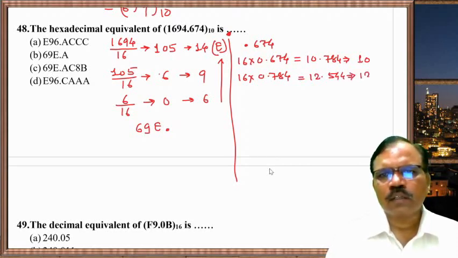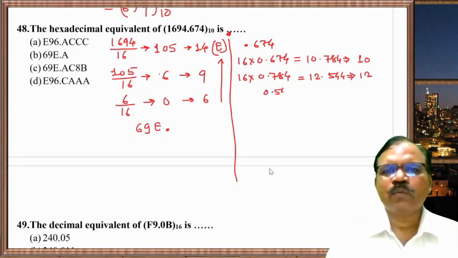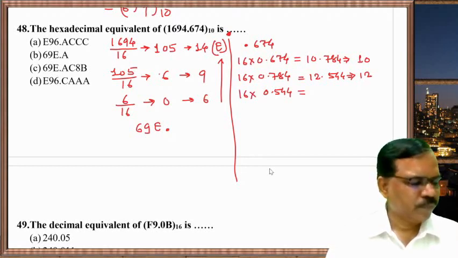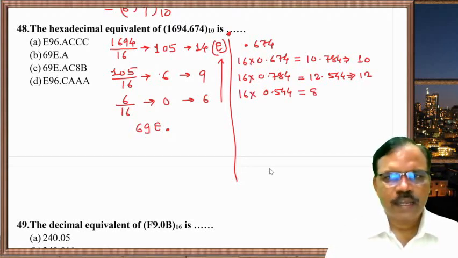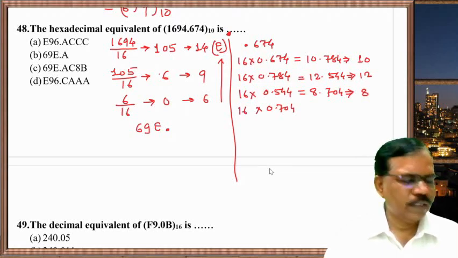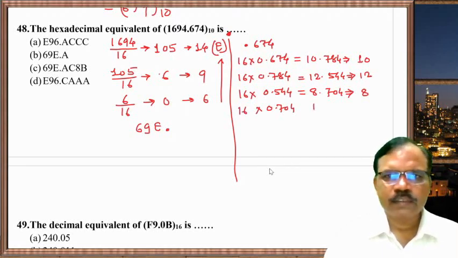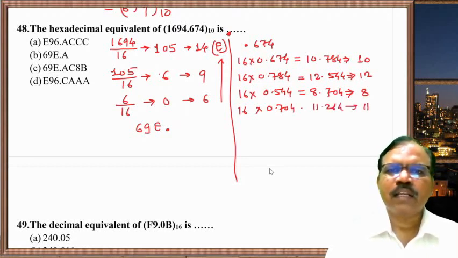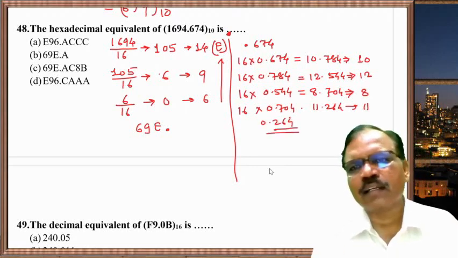So take out integer, then 0.544 multiply it by 16. So you will get 8.704. So take out integer and then 0.704 multiplied by 16. So you will get 11.264. So 11, and continue this one till we get this fractional part 0.